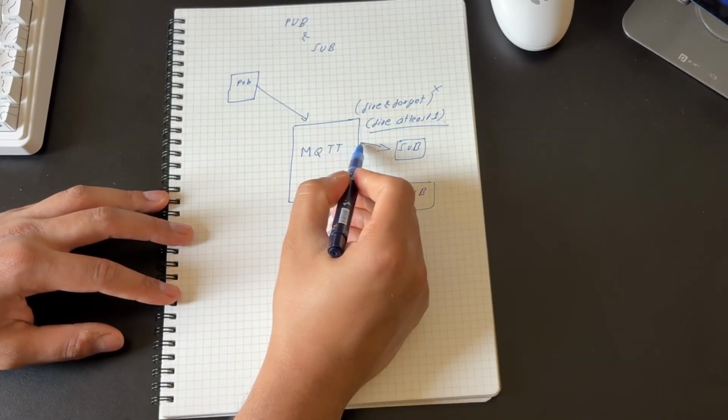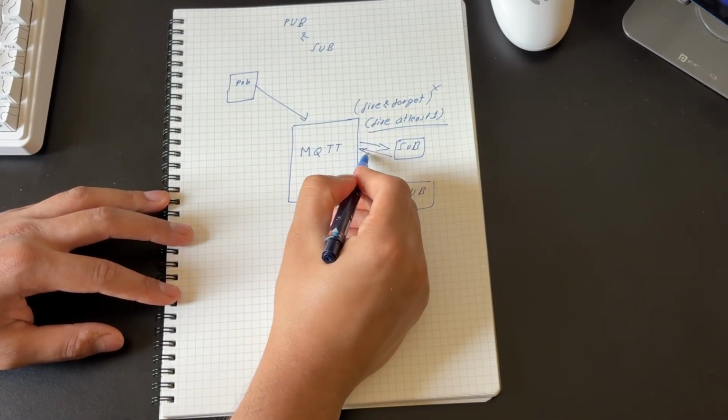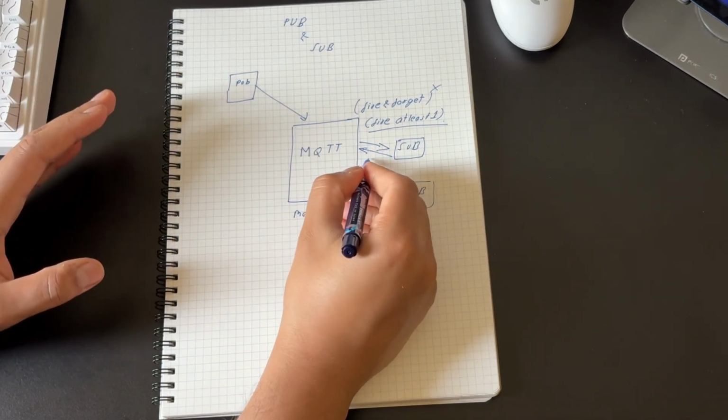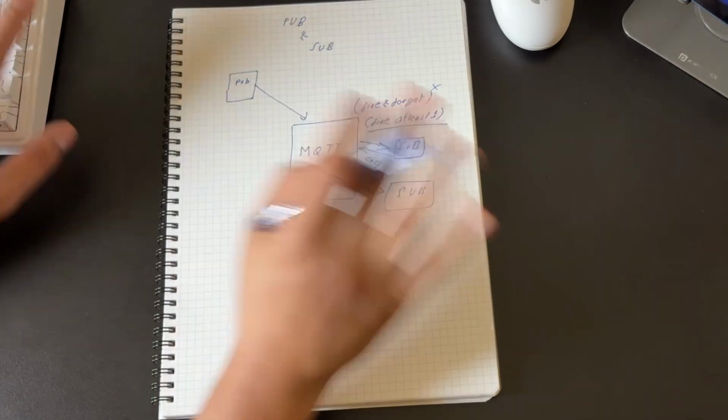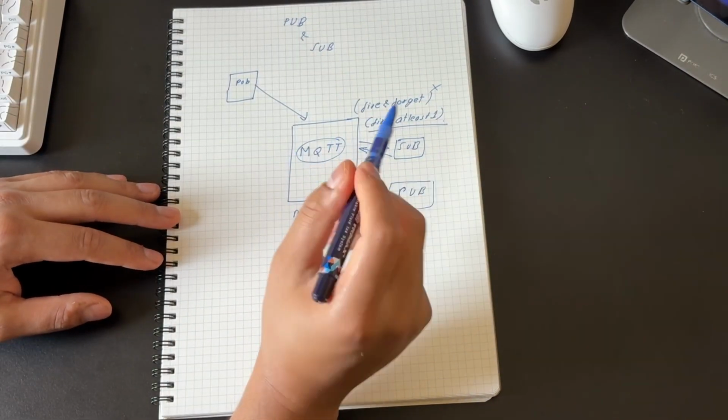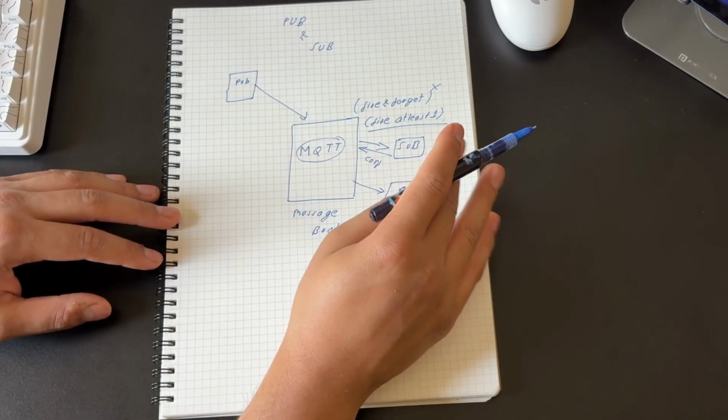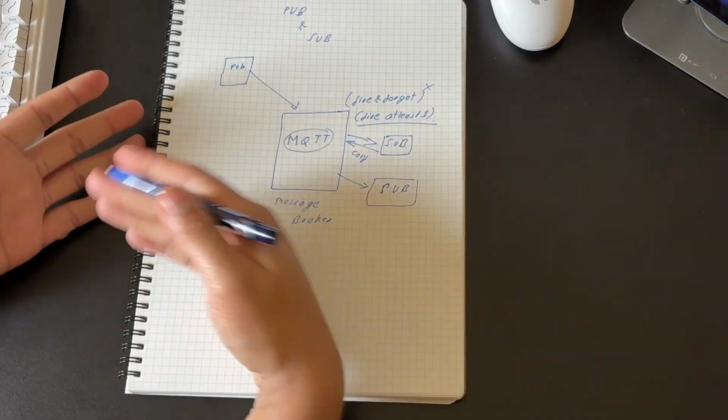And the subscriber will need to send a confirmation message back that it has received the message so that I know that it has been done. If the subscriber is not sending the confirmation message back, that means something broke and I can just revert the state back to the old state.